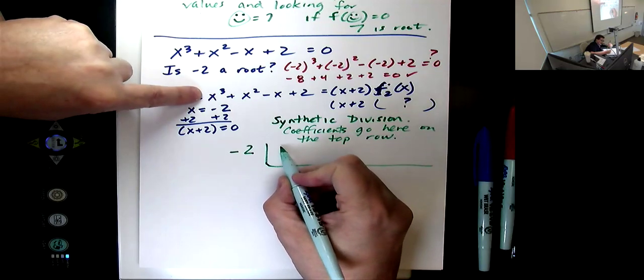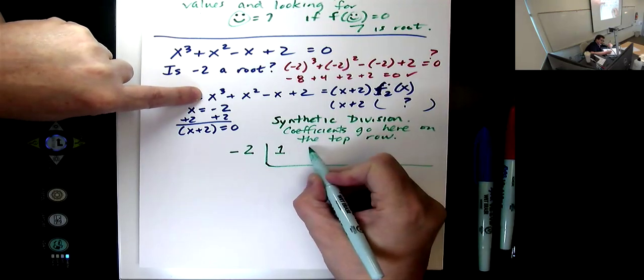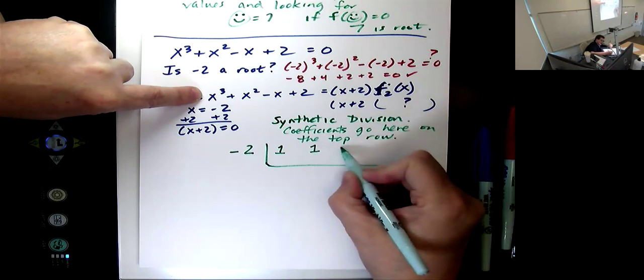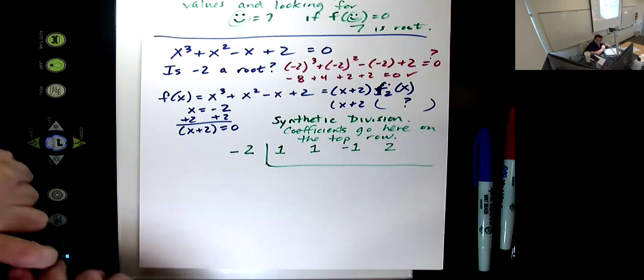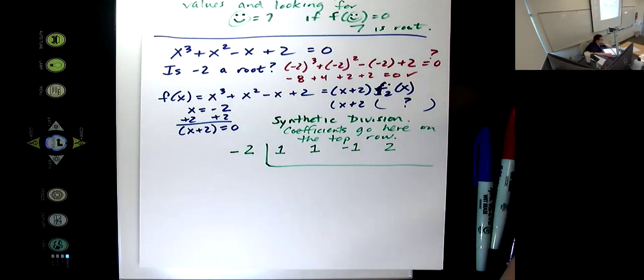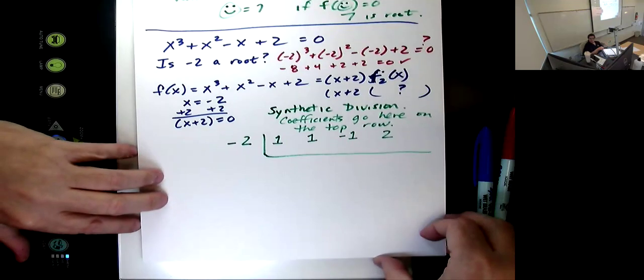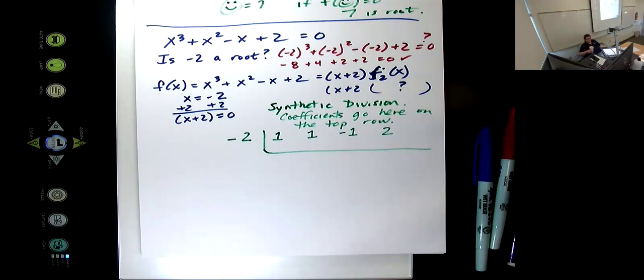I'm going to use the coefficients: I got a 1, a 1, a -1, and a 2. Make sure you get that set up and then we'll continue.